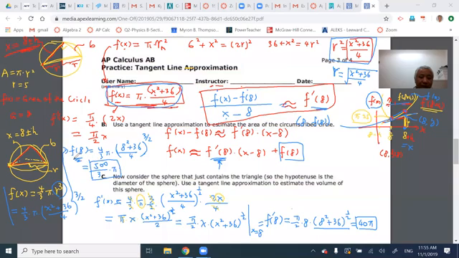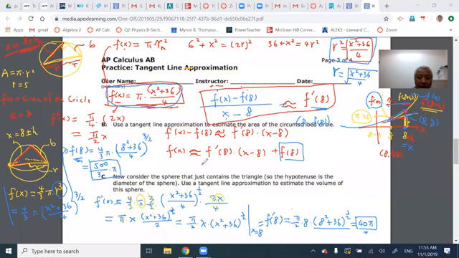Now, we have F of 8. We have the F derivative. Plug into here. So we can find out F derivative of the 8. So we put it here, easier.